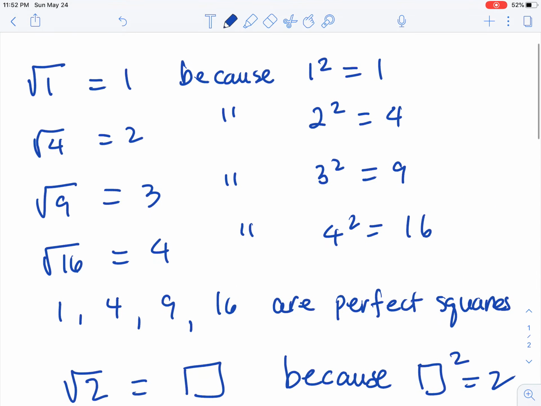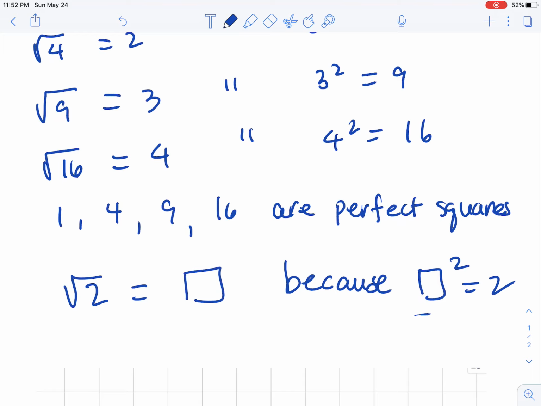Kung mapapansin nyo, pag in-square natin ay 1 tapos 4 na kaagad, di ba? So, yung 2, in between siya, ibig sabihin, yung square root ng 2 is somewhere between 1 and 2. Okay?